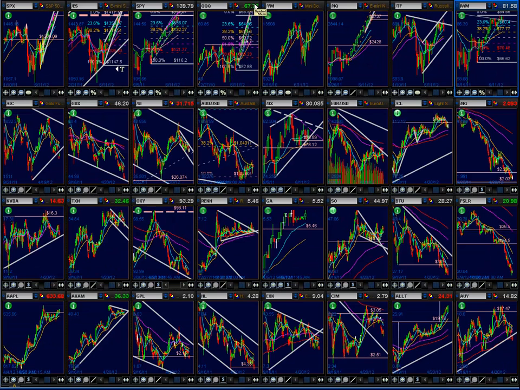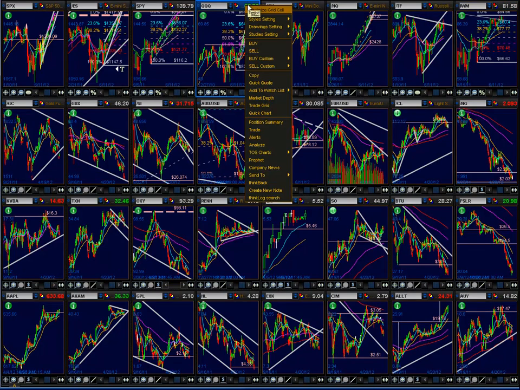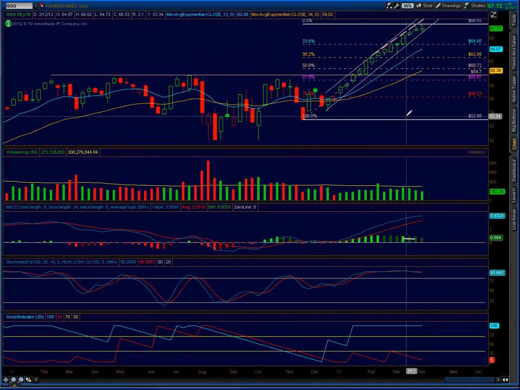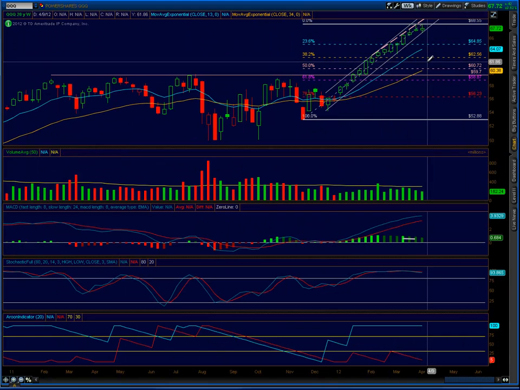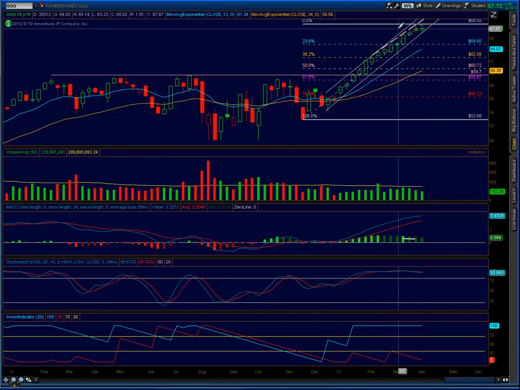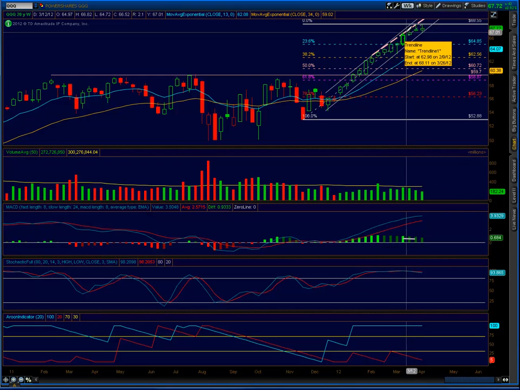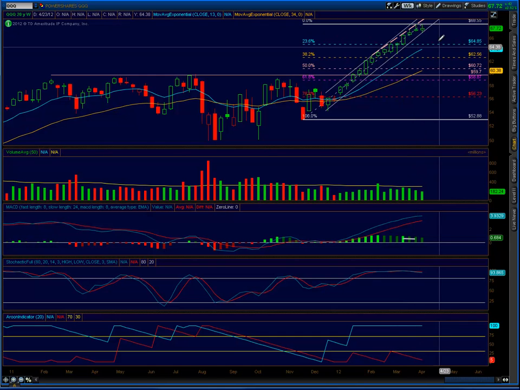Let's look at the Qs. Same thing with the Qs. Even though the Qs are the strongest, they also tend to be very volatile, because they had the strongest move to the upside. You know how they say that the bigger you are, the harder you fall, or the fastest you fall.